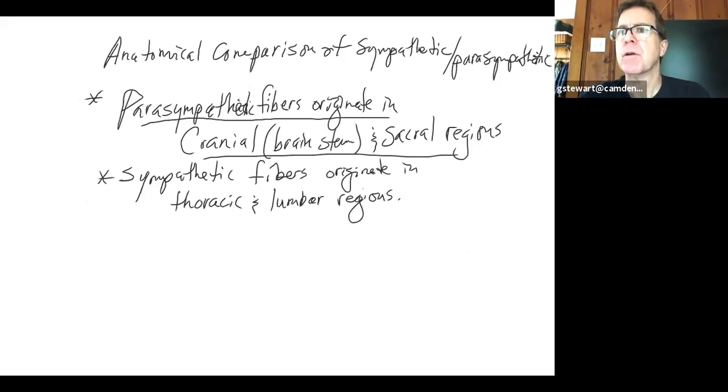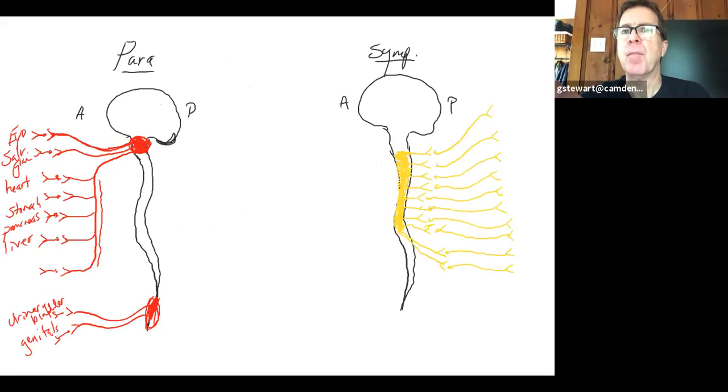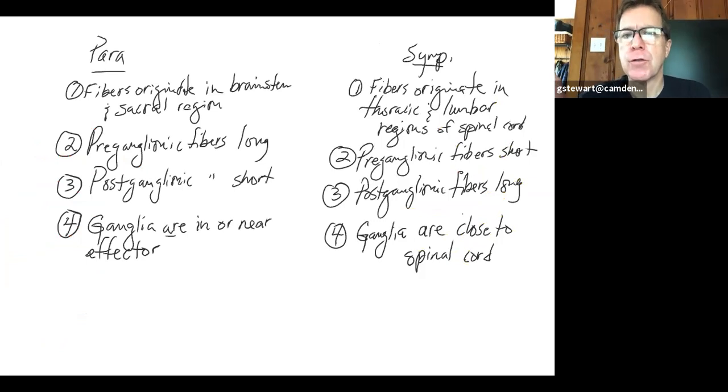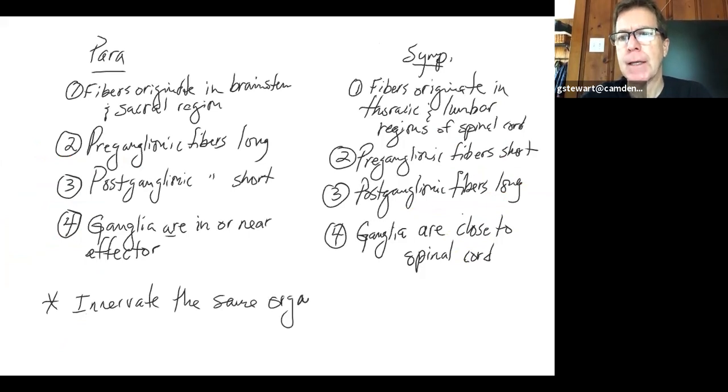Then I drew this picture, which will help you remember everything in word format, parasympathetic versus sympathetic in terms of their origination of preganglionic fibers, as well as the location of the ganglia. And finally, I do want you to not forget that they innervate the same organs. We stated that at the beginning. They just have opposite effects on those organs.